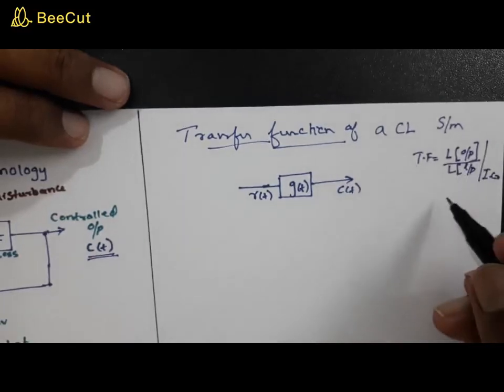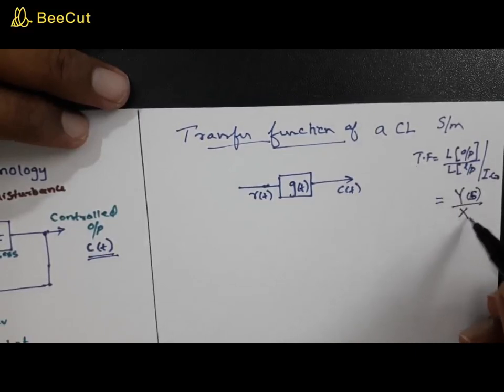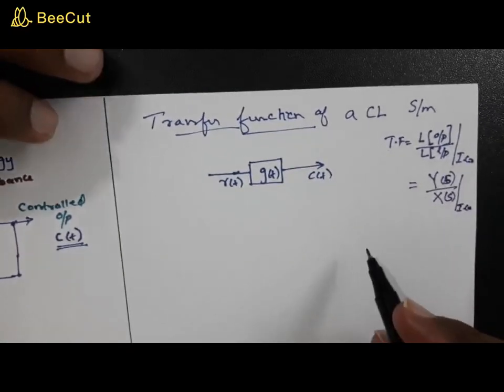So for y of t and x of t, this will be Y of s by X of s, as the initial condition is equal to 0.